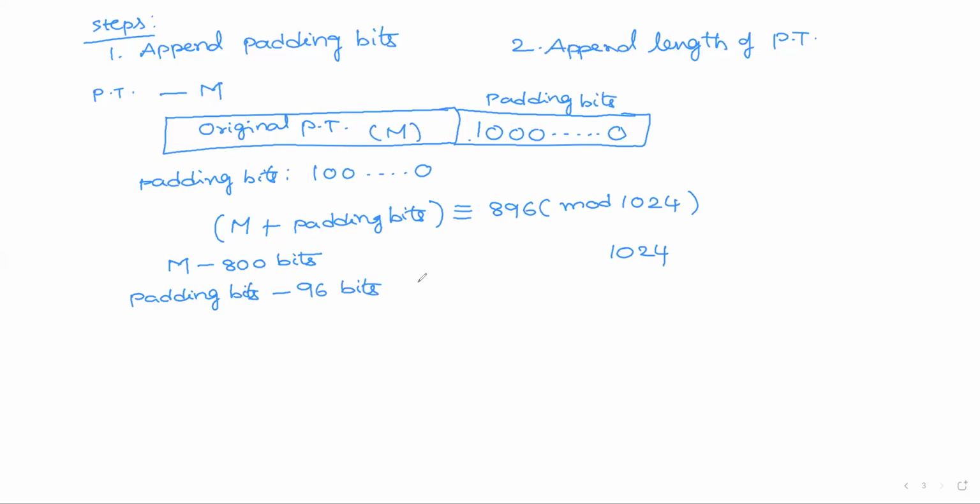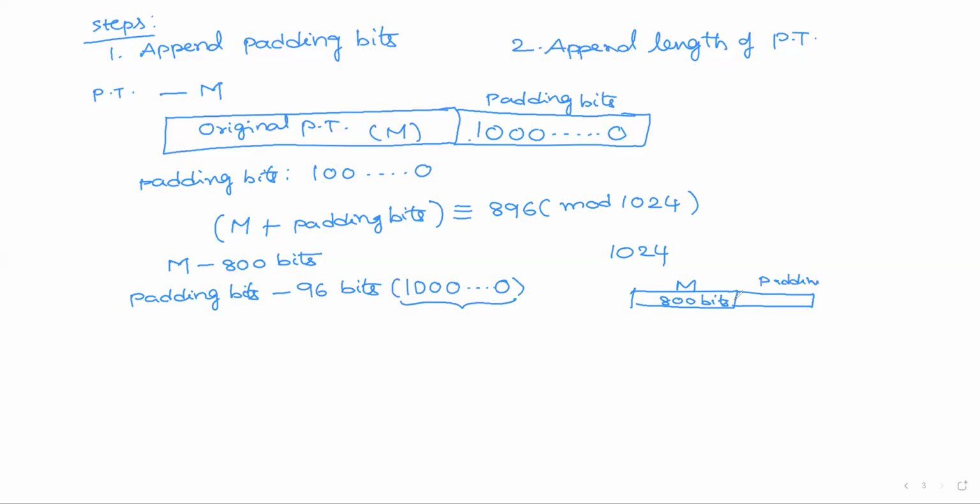What are those padding bits? The first bit is 1 and the remaining bits are zeros. After these 800 bits of the original plain text M, we append 96 padding bits.